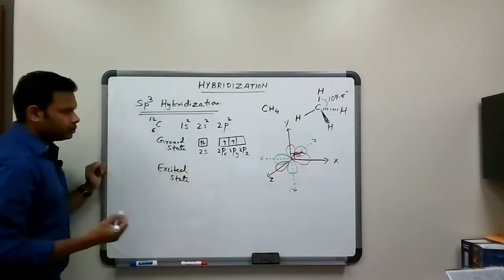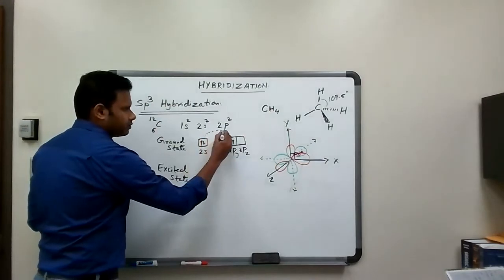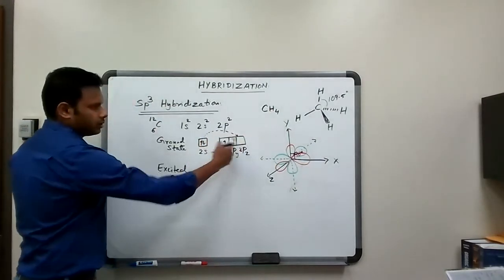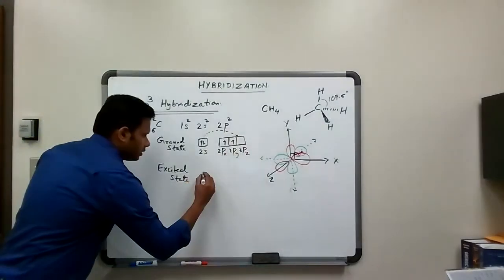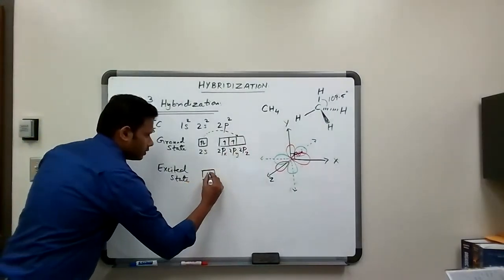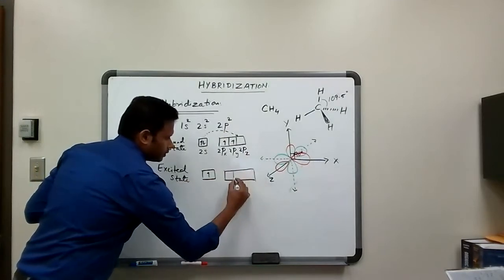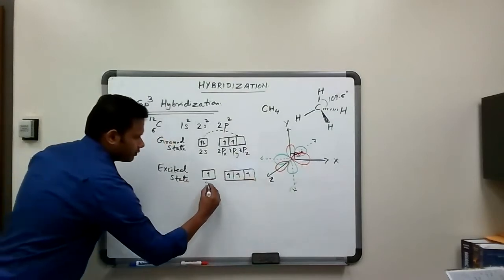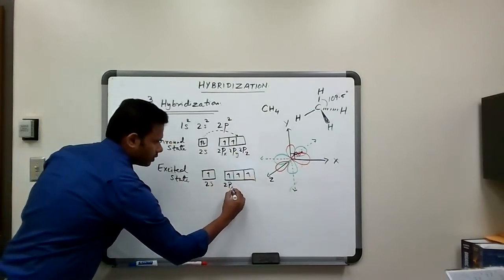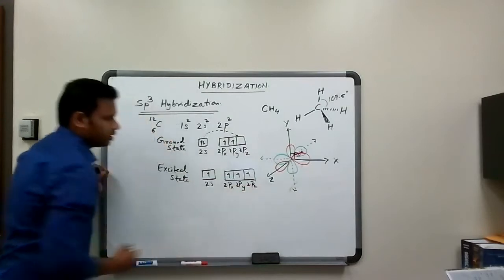What we're going to do for this excited state is excite an electron from the s orbital to the pz orbital. So then we are going to have one electron there, and one electron in each of the px, py, and pz orbitals.